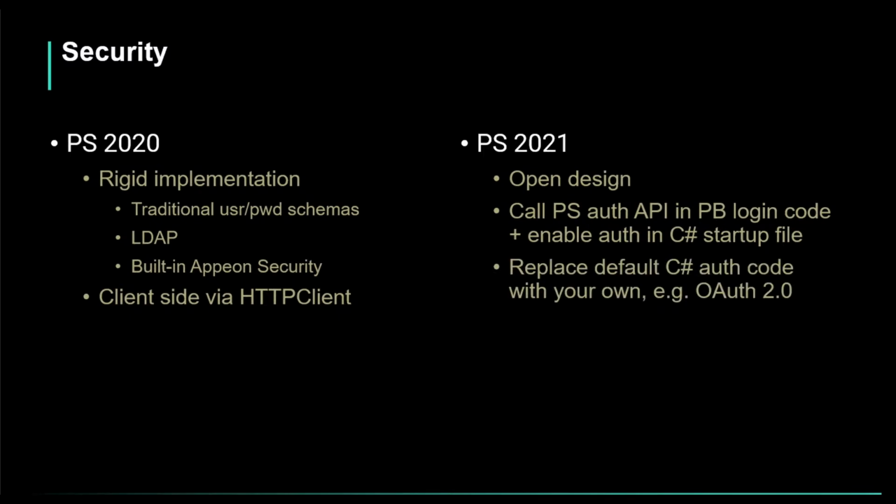In general, you can replace the default C# authentication code with your own, for example, OAuth 2.0. And let me mention Visual Guard, since it is definitely easier to use it in a PowerServer 2021 project because you can use Visual Guard client modules or REST API services.